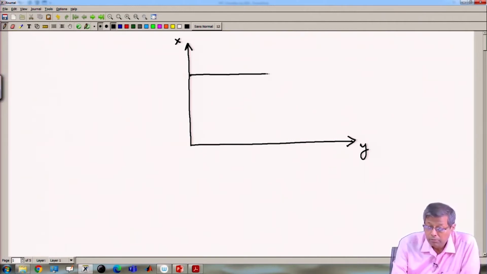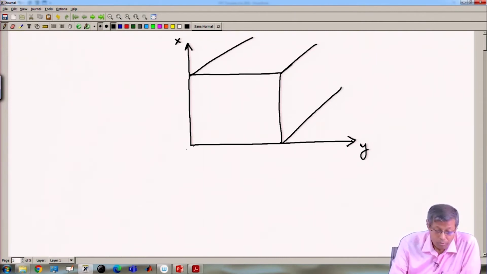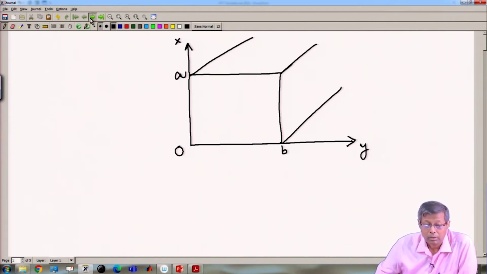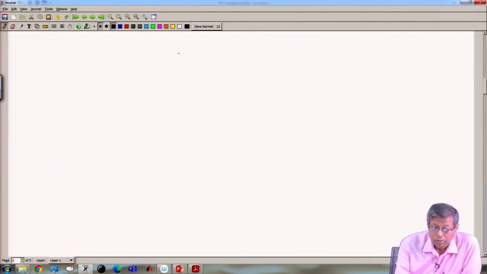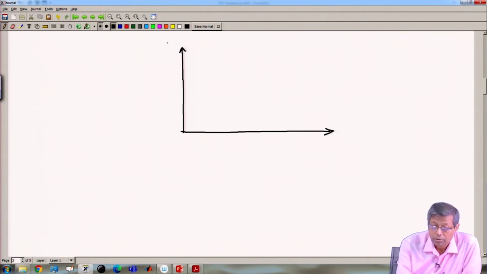The waveguide is here, 0 to A along the x direction, 0 to B along the y direction. So, for the start we are going to stick with the axis nomenclature we used previously.